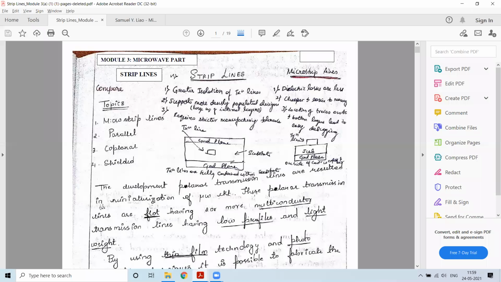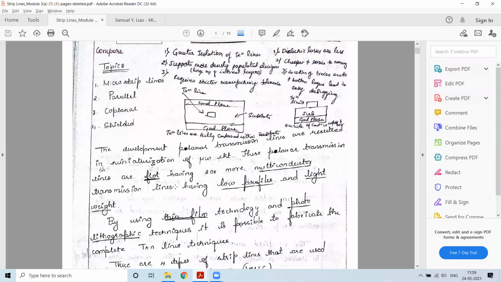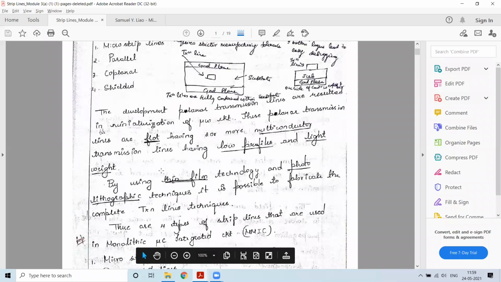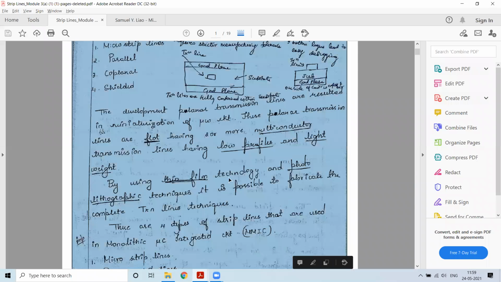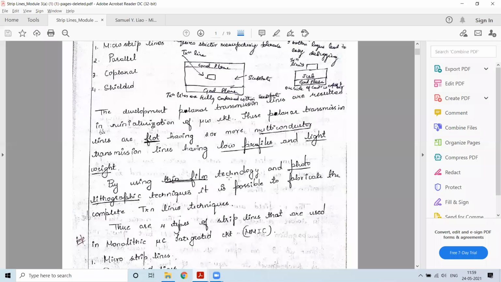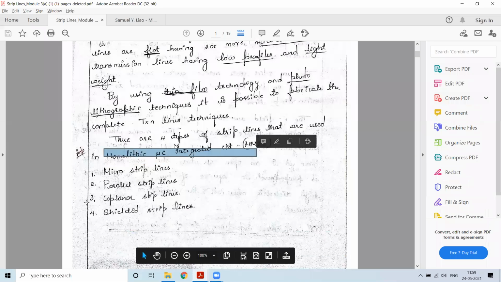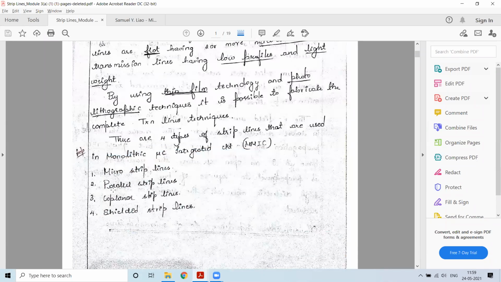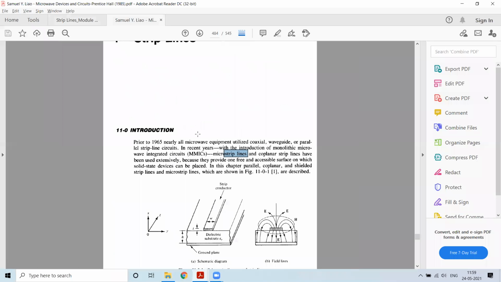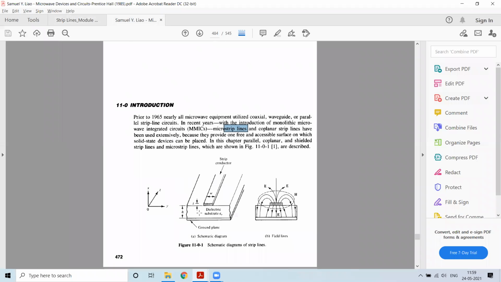And when we are building these, we make use of thin films or photolithographic techniques in order to develop these microwave strip lines. That is the IC we are talking of. These monolithic microwave integrated circuits are classified into four aspects: microstrip lines, parallel strip lines, coplanar, and shielded strip lines. So these are a few things to name.